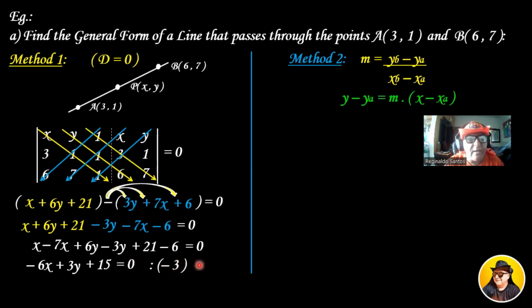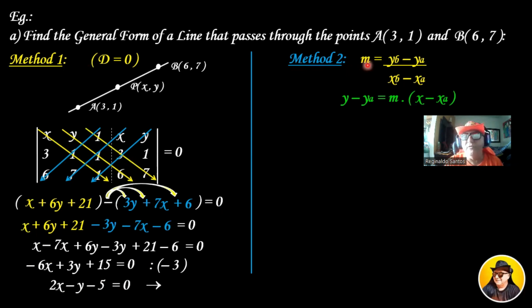And dividing by 3, we have 2x minus y minus 5 equals to 0, okay? So we have finished. The general form of a line is here. This is already the answer. This is method 1.